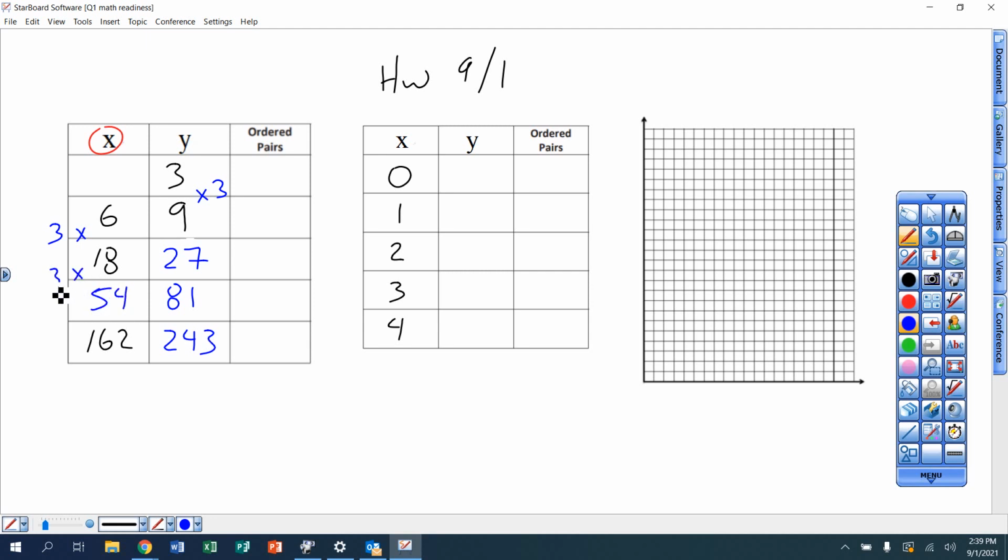Timesing by 3 going down. But to find this one, divide by 3. Take that 6, divide by 3, gives me 2.